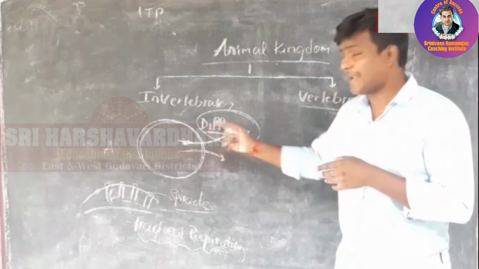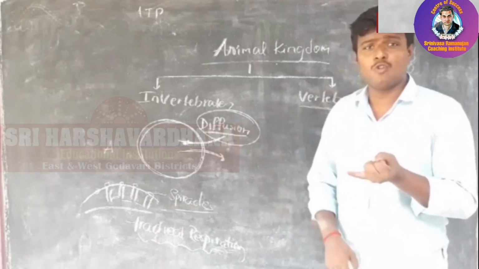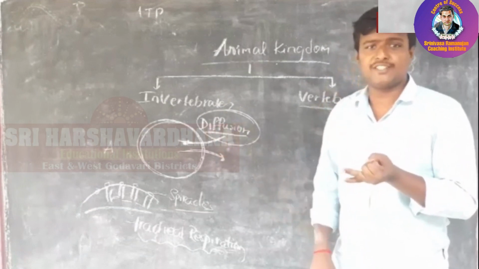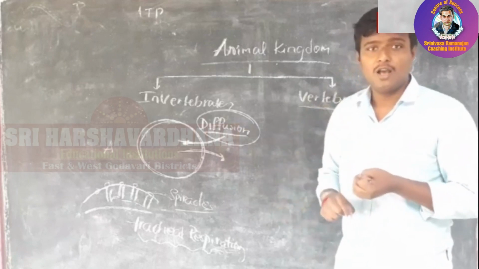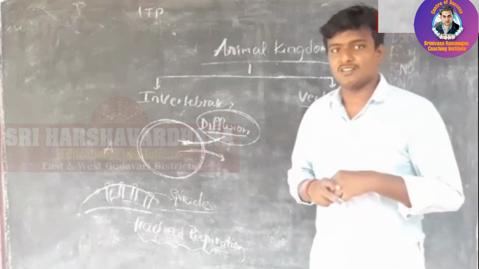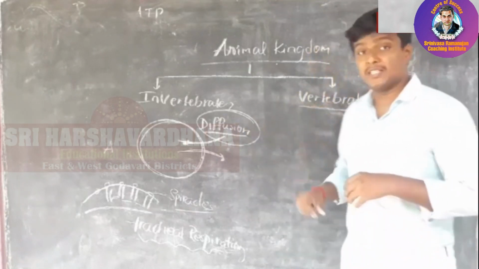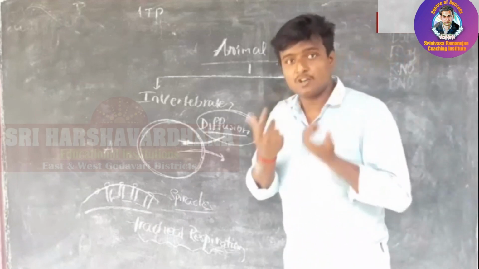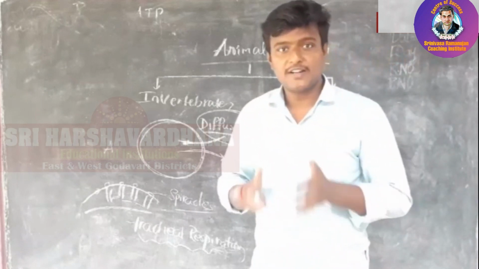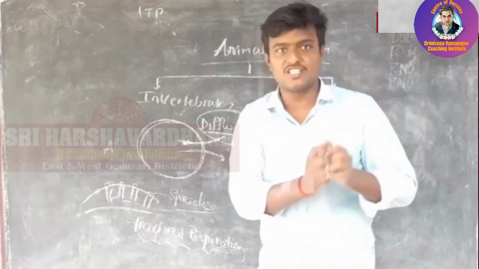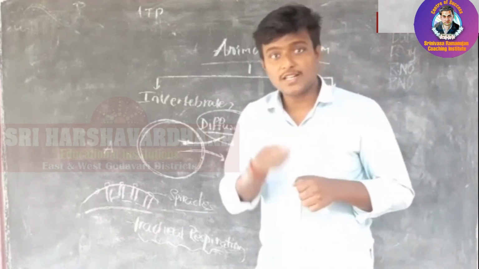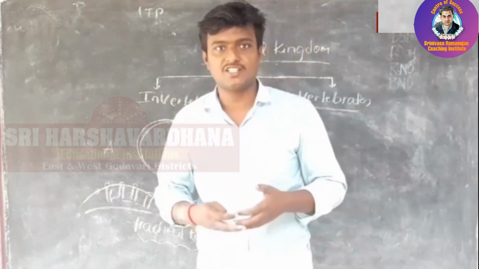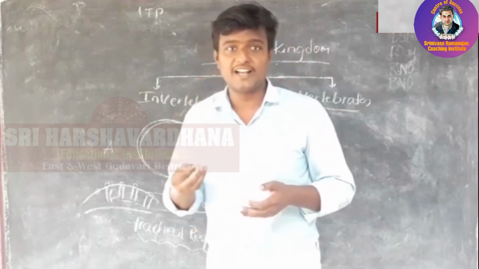The plasma membrane alone does the locomotion, the respiration, and helps in capturing food, and they do not contain any specialized organs. But in vertebrates, for respiration they have a nose and lungs, a specialized respiratory system. For food digestion we also have a specialized system: a mouth, esophagus, you know that.